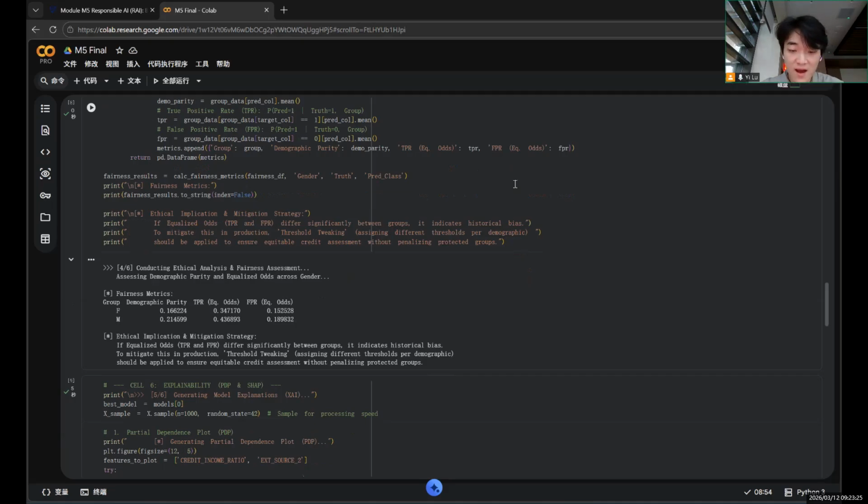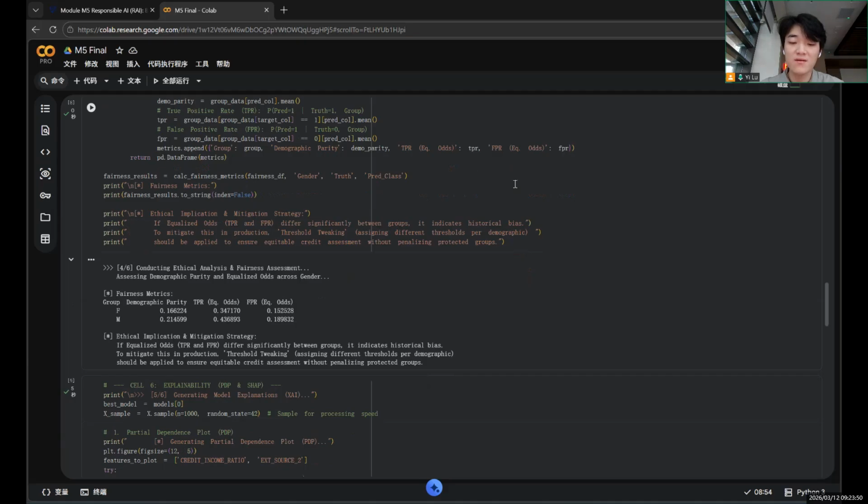If we detect a significant divergence in these rates, for example, if the false positive rate is 5% higher for one demographic, it indicates that the model is unfairly penalizing this group. To address this bias, my pipeline proposes a specific mitigation step, threshold tweaking.